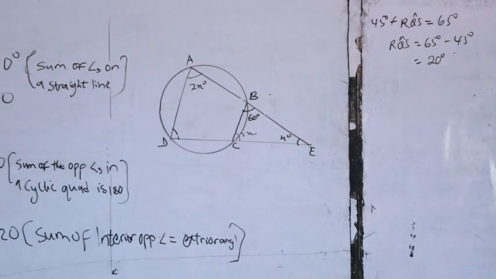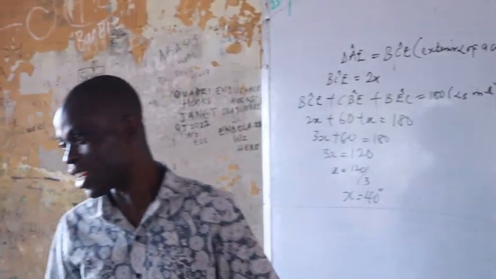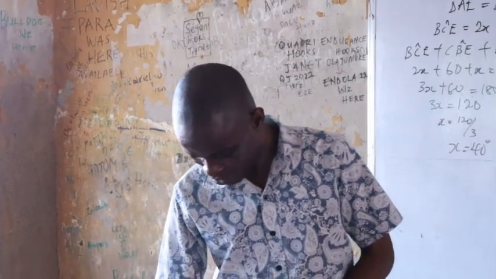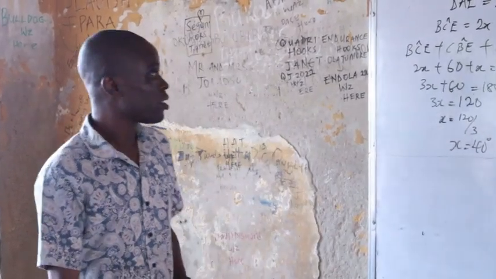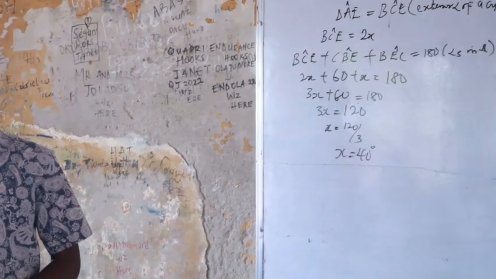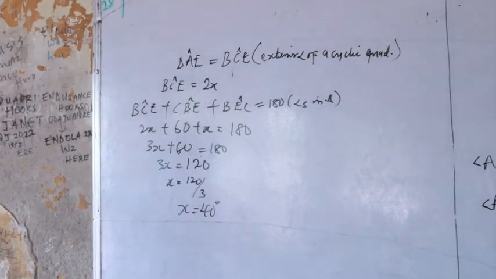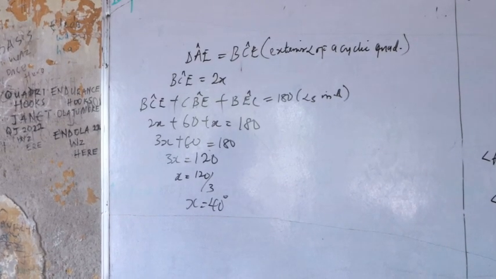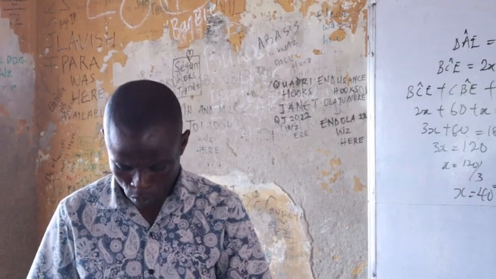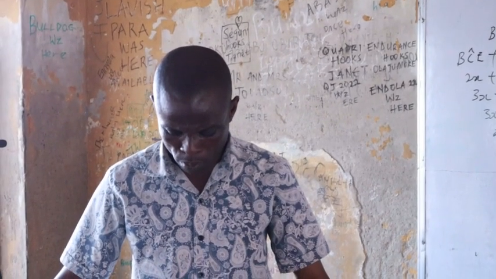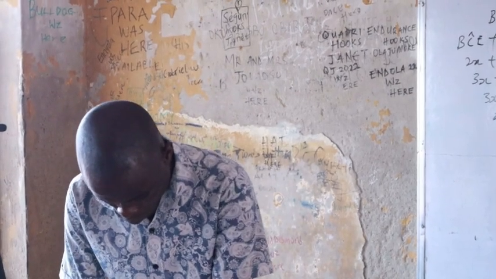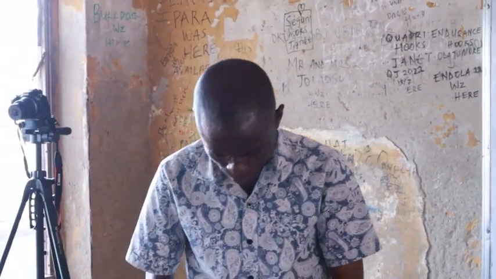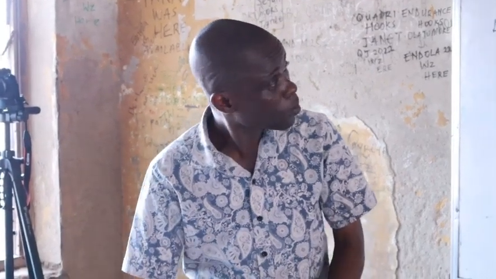Okay, now. What do I do when you write it? The circle. O is the center of the circle.